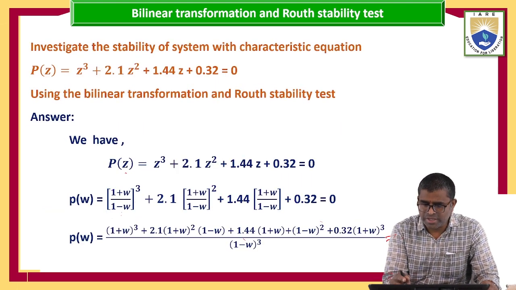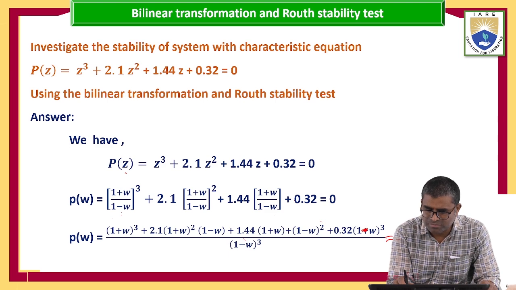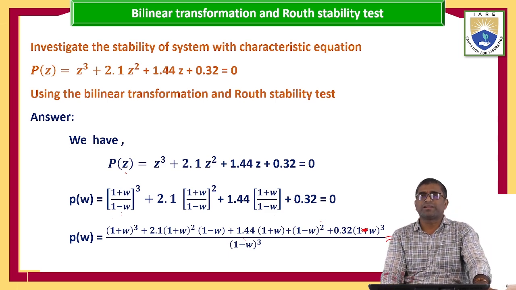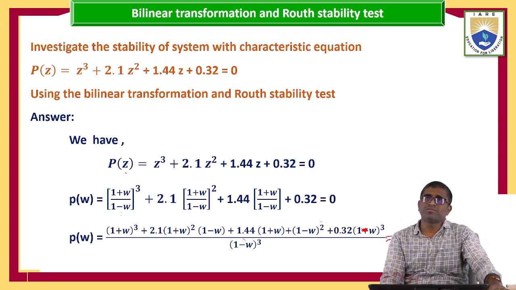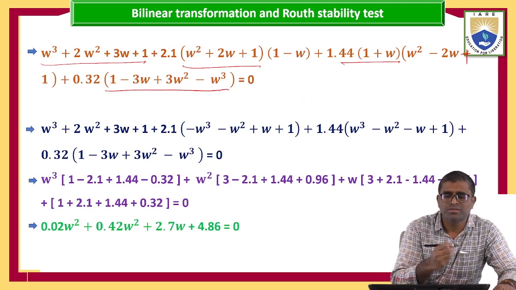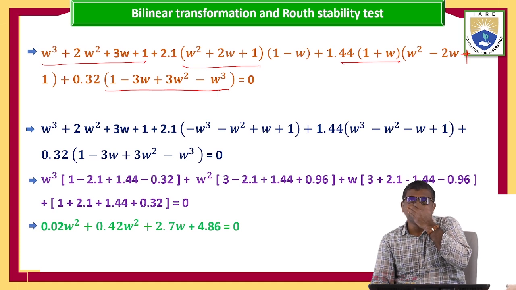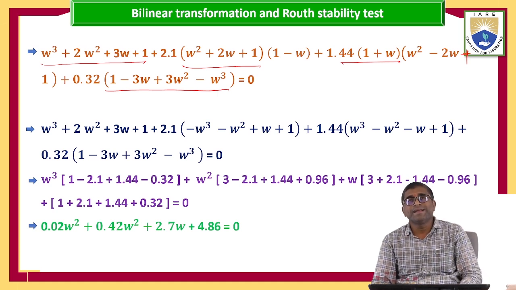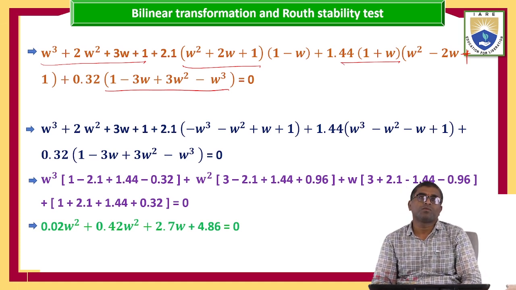Sorry, it is minus omega cube in the last term: (1 minus omega) whole cube is 1 minus 3 omega plus 3 omega square minus omega cube.